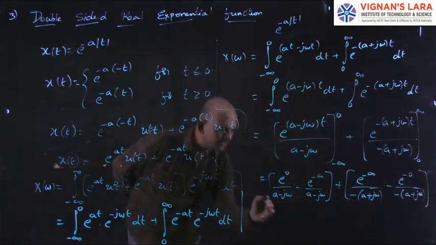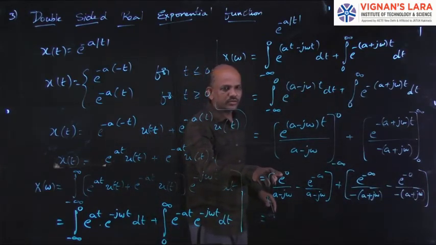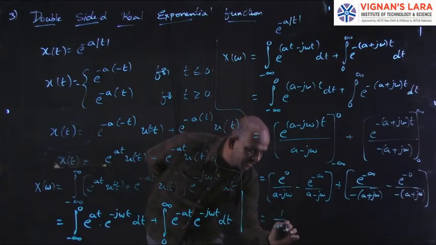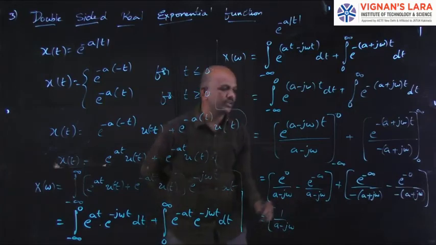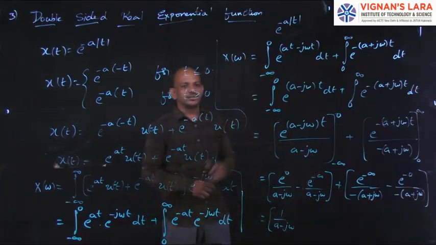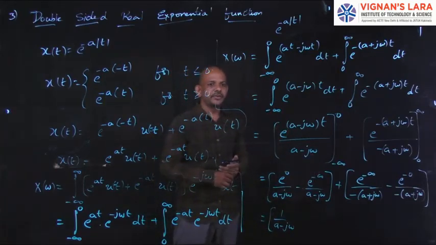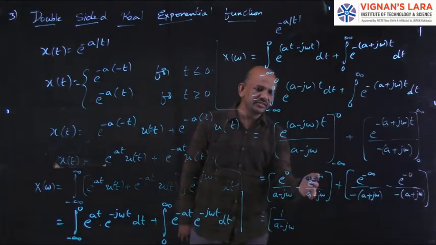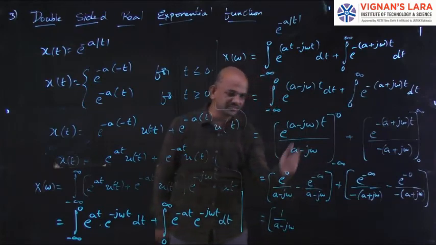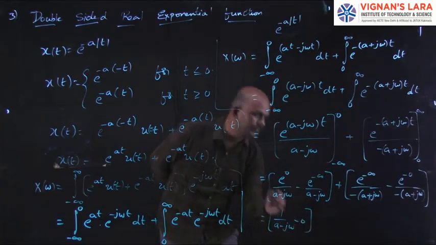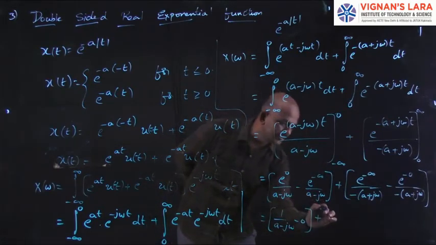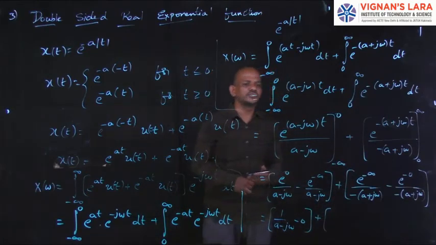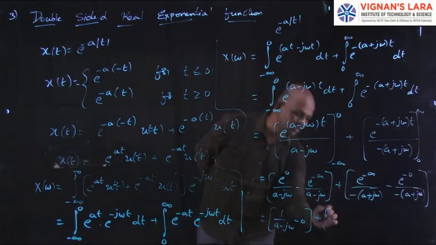See, that will be equal to e power 0 is 1, so 1 by a minus j omega. So e power minus infinity, 1 by e power infinity, is 1 by infinity, that is 0, and 0 into anything is 0, so there is no need to write this one. Plus, here also e power minus infinity is 1 by infinity, that is 0, no need to write this one.